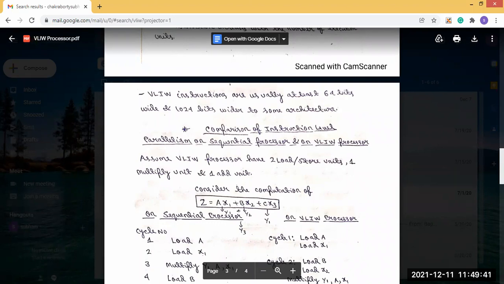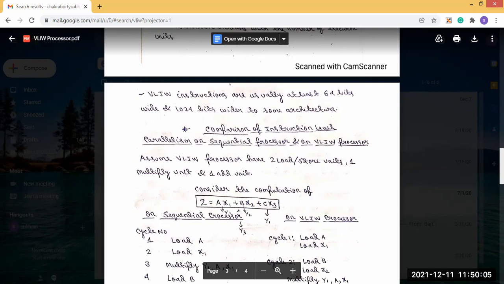Okay. Now, let's assume that the VLIW processor has two load and store units, one multiply unit and one addition unit. So this VLIW processor has four functional units present. That is, we are taking an example like that.